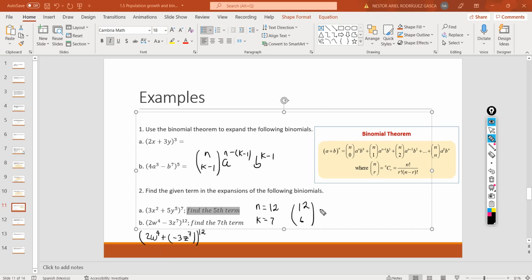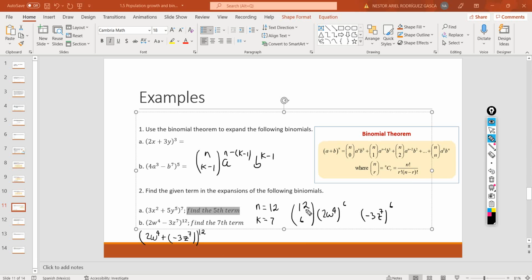Then the first number raised to this exponent: the first number is 2w to the 4, raised to the 12 minus 6, times the second number in the binomial, raised to the k minus 1, which is 6. Then you can pick it up from here. In the end, this is going to be 6.